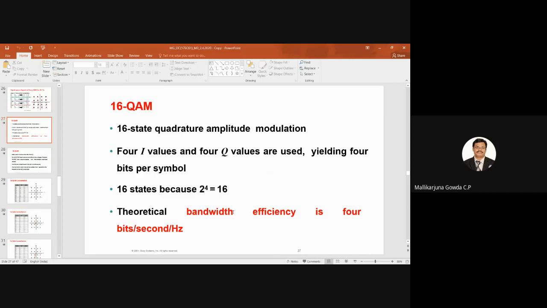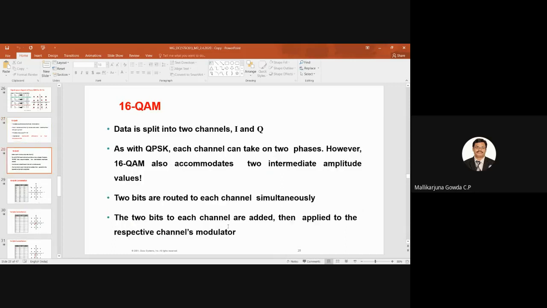With respect to efficiency, for 16 QAM it is 4 bits per second per hertz, because 2 power 4 is 16. With respect to the block diagram, we are again going to split the data into 2 channels, that is, in-phase and quadrature paths, similar to QPSK.